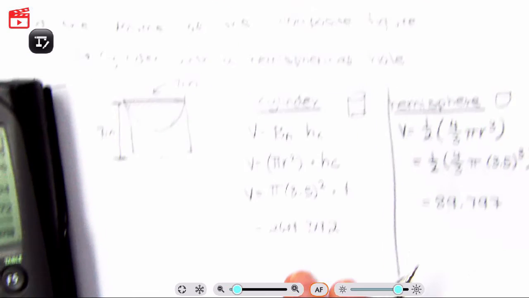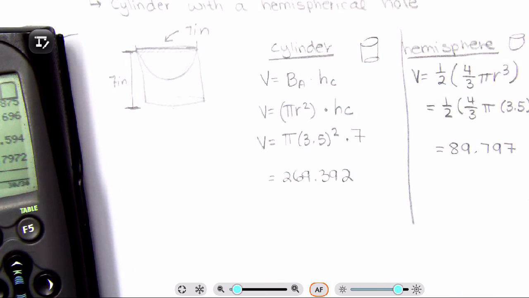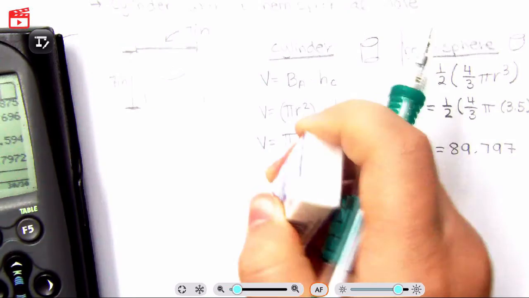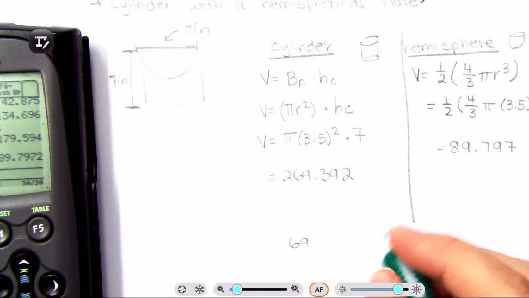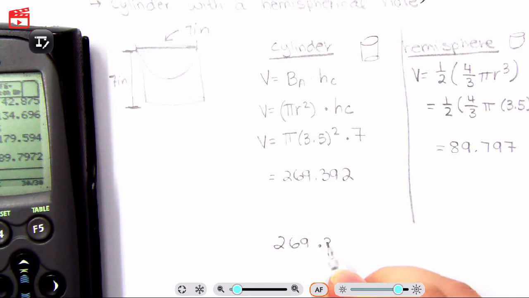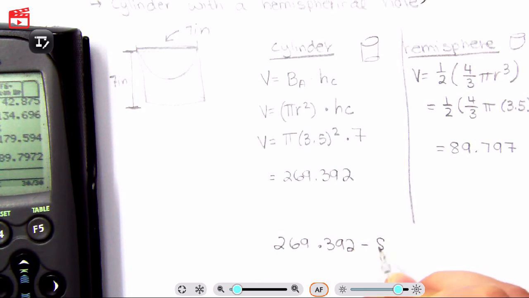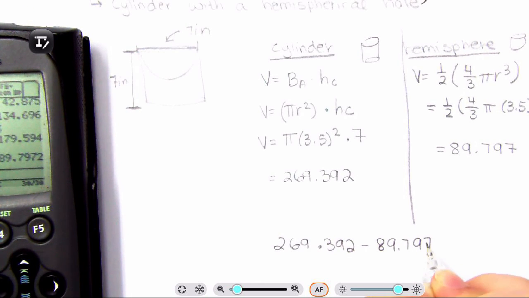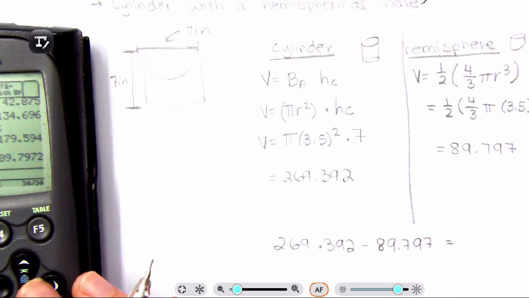And again, what's happening? We are removing that hemisphere. So I'm going to say 269.392 minus 89.797. So let's subtract that.